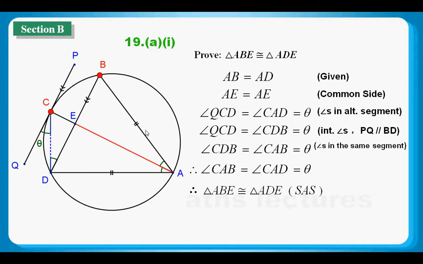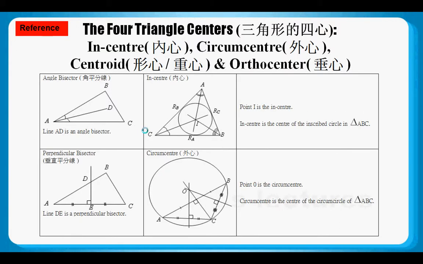Okay, let's go to 19A part 2. Before we answer the question, I have to help you revise a little bit. Now, the four triangle centers are incenter, circumcenter, centroid, and orthocenter. To construct the incenter, we need three angle bisectors.